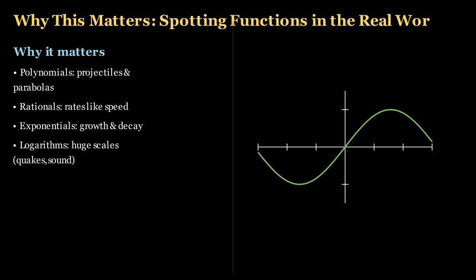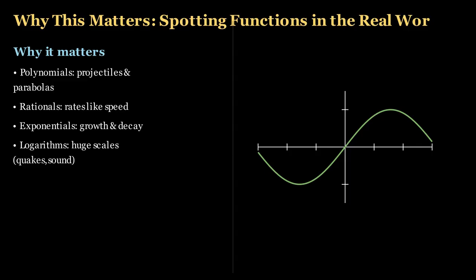Logarithms are the inverse, they compress huge ranges, which is why we use them for earthquake magnitudes and sound decibels. And trigonometric functions, born from the circle, perfectly capture anything that repeats in a smooth wave, sound waves, ocean tides, even temperatures over a year.